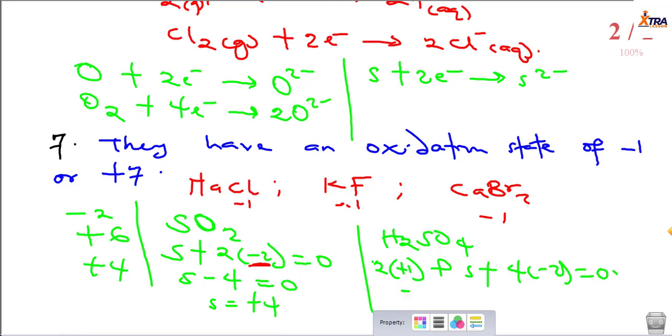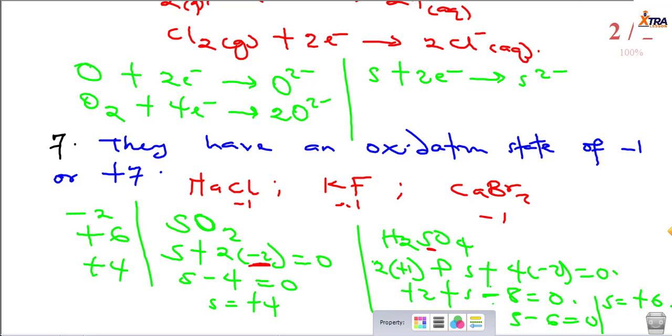So 2 times plus 1 is plus 2, plus sulfur, plus 4 times negative 2 is negative 8. Plus 2 minus 8 is minus 6 equal to 0. When you take 6 to the other side, it becomes plus 6. So sulfur here has an oxidation state of plus 6, right?